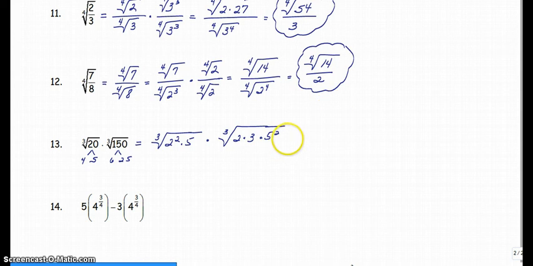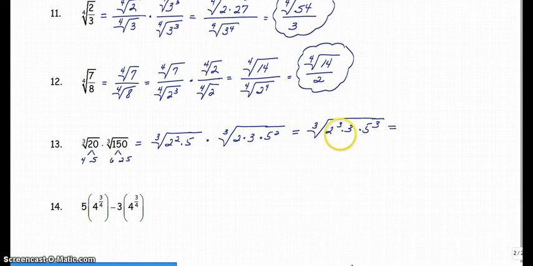So the cubed root of 2 times 3 times 5 squared. Multiplying, then I would have the cubed root, and I can just add my exponents. So I have a 2 squared times a 2, that would give me a 2 cubed, times a 3, and then a 5 times a 5 squared would be a 5 cubed, so times 5 cubed.